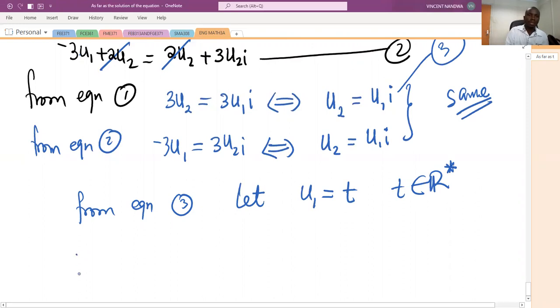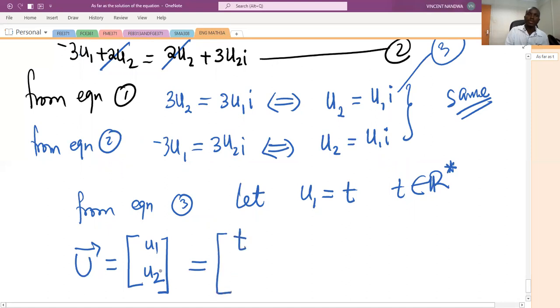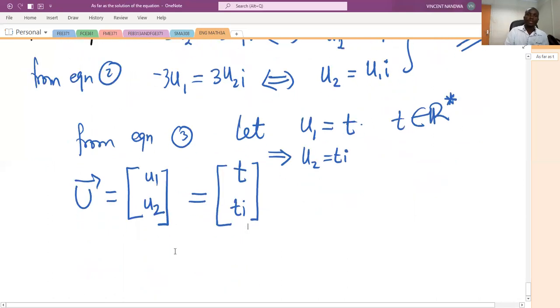So which tells me that my vector u will be given by u1, u2, which is the same as, where there's u1 I put t, u2, immediately you say u1 is t, then u2 will be t i, because u2 is u1 times i. And then you can write this one as t, 0 plus 0, ti.